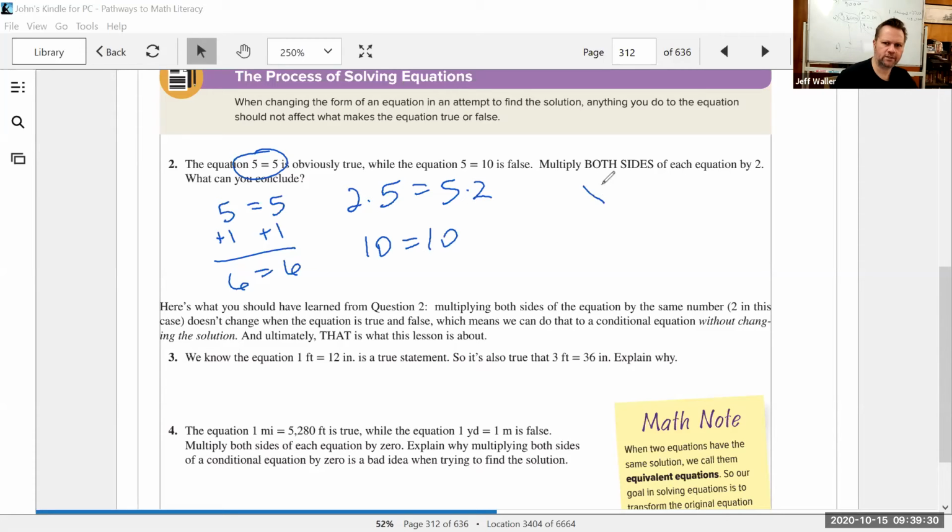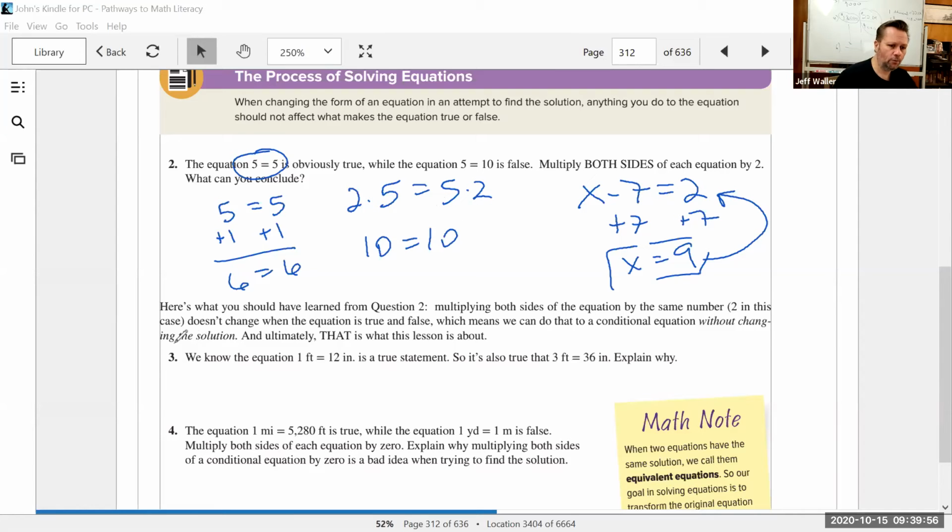So if I assume it's true, when I add or multiply or subtract or divide both sides by something, the statement is still true. So that kind of comes back to the idea of when this is true, then this is true. All right. Maybe. So that's the point this thing is trying to make.